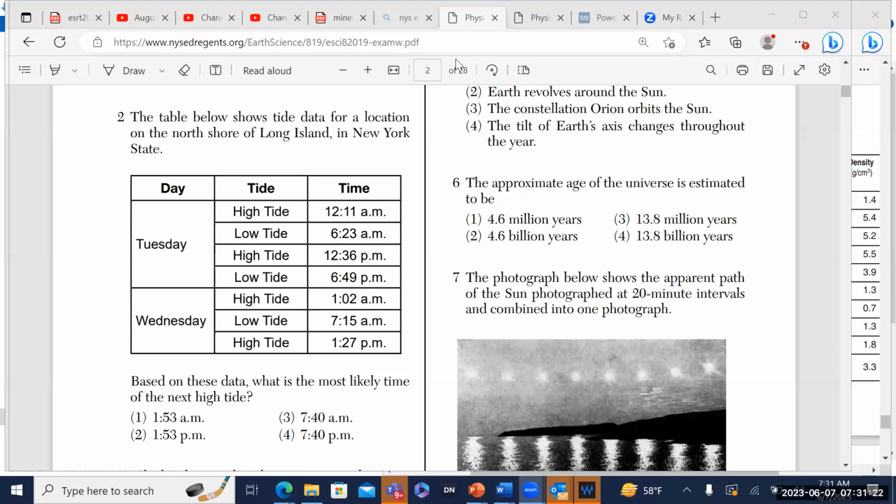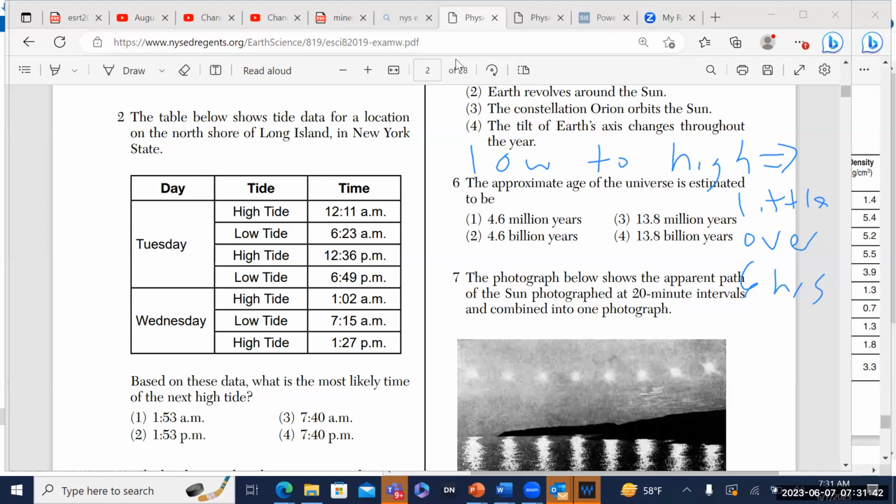One thing you have to remember is that going from a low tide to a high tide is a little over 6 hours, as an estimate. It's the same thing if you go from a high tide to a low tide.